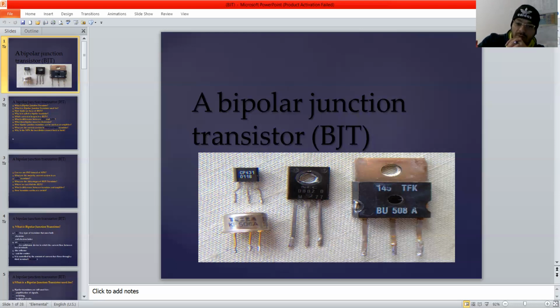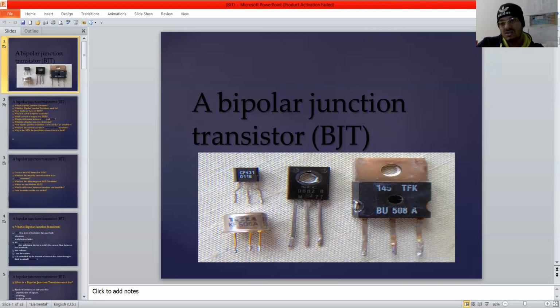It is controlled by the amount of current that flows through a third terminal. The third terminal is the base. That means there is a strong relation between all of them, because the current flowing through these two terminals is strongly related to the base.